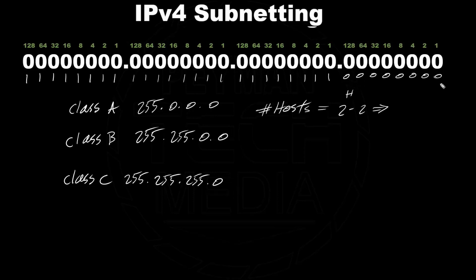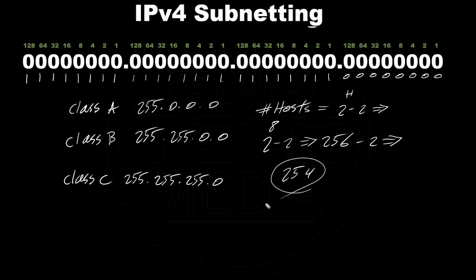Here we can see 8 bits of zeros. This is for the Class C default subnet mask. So 2 to the power of 8 minus 2. 2 to the power of 8 is 256, minus 2, which is 254. Therefore, with the Class C default subnet mask, every network will have 254 available IP addresses.